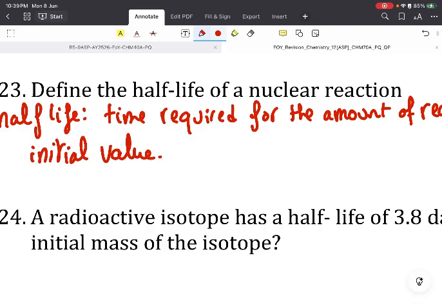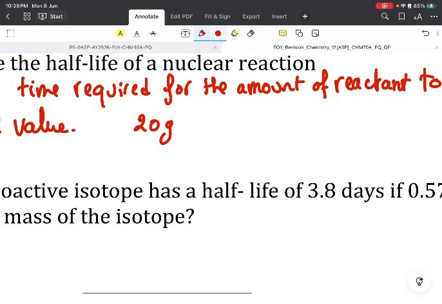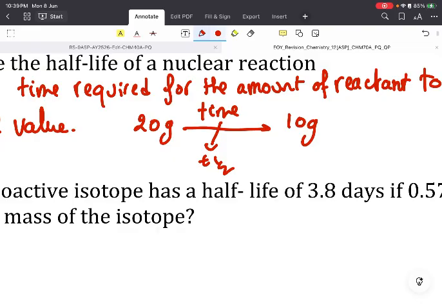So the time taken will be called T half. So for example, if I have a sample of 20 gram, now for the sample to become 10 gram, half of its original amount, the time taken is T half.